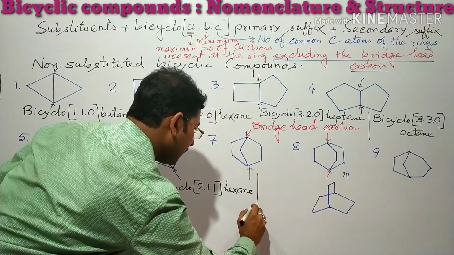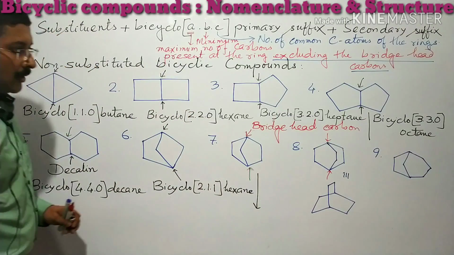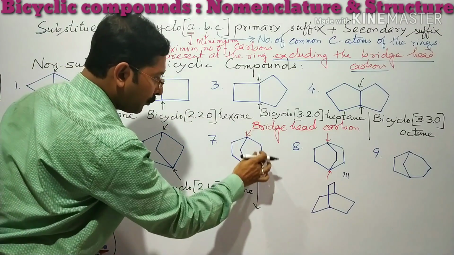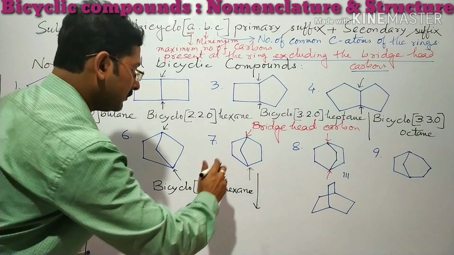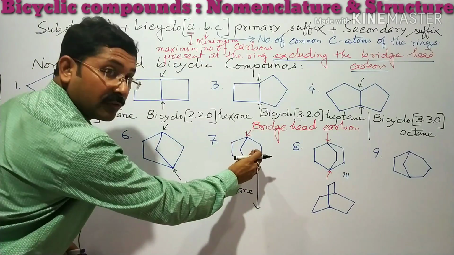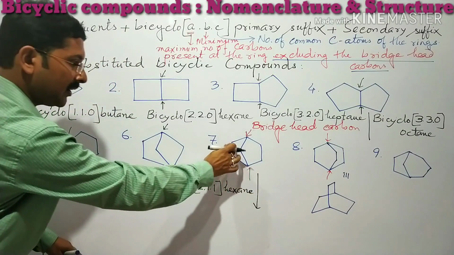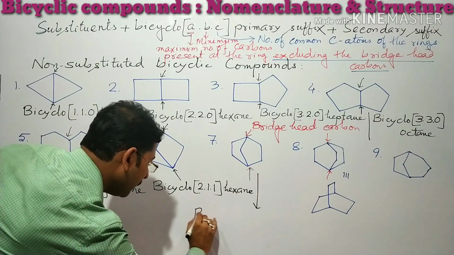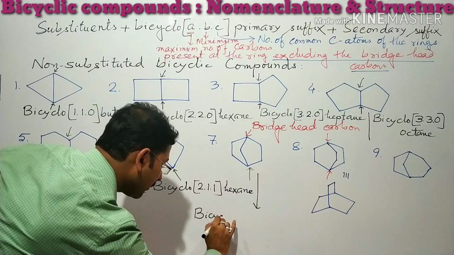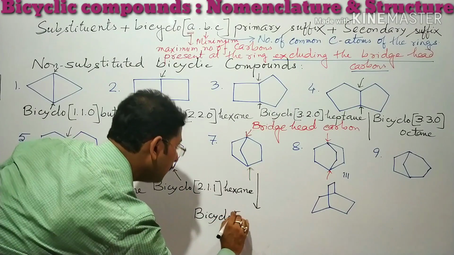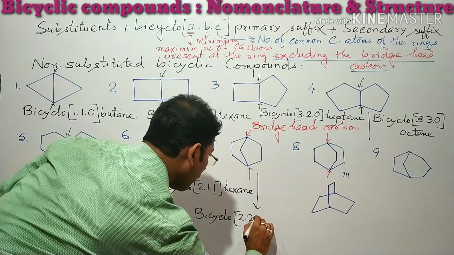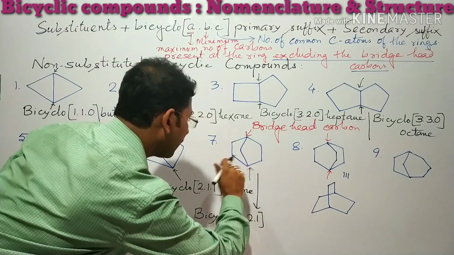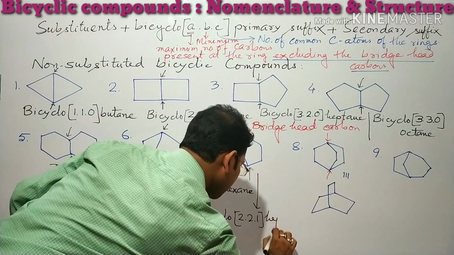What about this one? Okay, this is 1 2 3 4 5 6 7 carbons. Here are 2 carbons, there are 2 carbons, and there is 1 carbon. So the name of this compound is bicyclo 2.2.1, total 7 carbons, this is heptane.